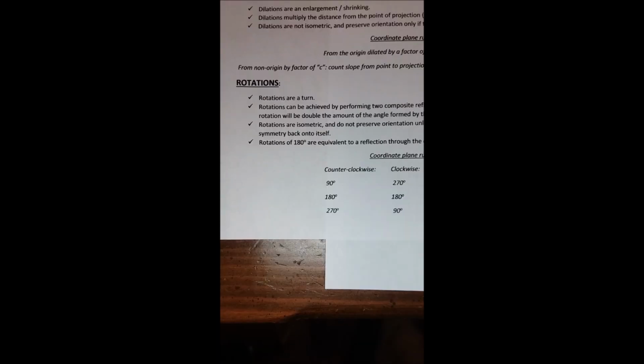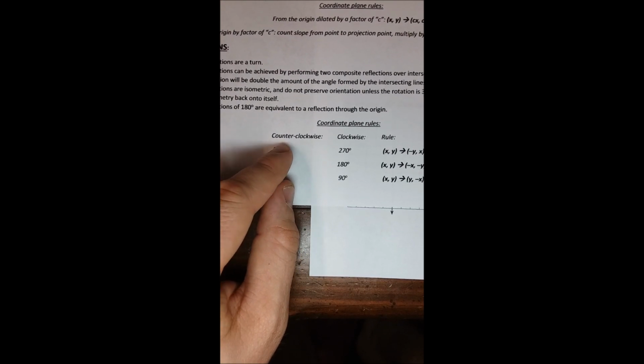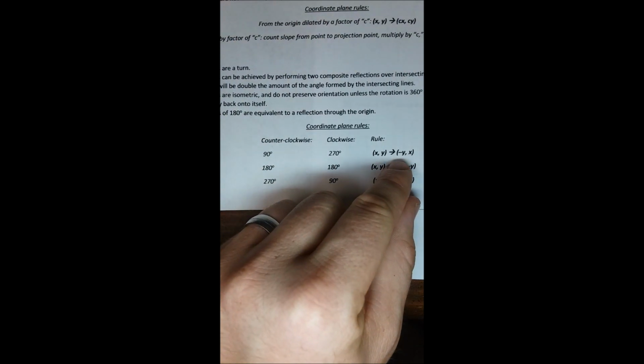Now, next example, we're going to do rotations, and we're going to do question 26. It says rotation 90 degrees counterclockwise about the origin. So I'm going to get my transformation cheat sheet, scroll down to rotations, and then find my rule. I need counterclockwise 90 degrees, and that's going to be my rule.